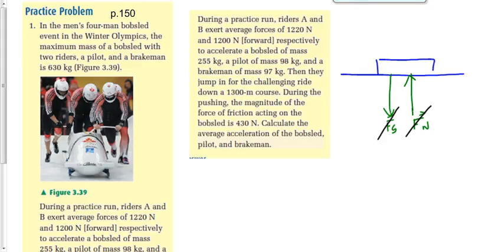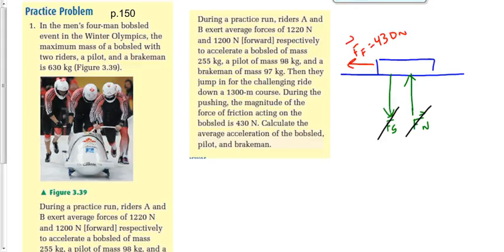It says during the pushing, the magnitude of the force of friction acting on the bobsled is 430 newtons. So we're going to draw FF, the force of friction, to the left. Assuming it's moving to the right, we're going to say FF is 430 newtons.